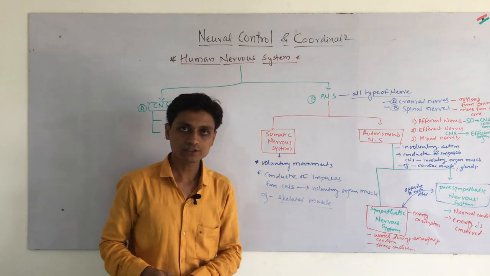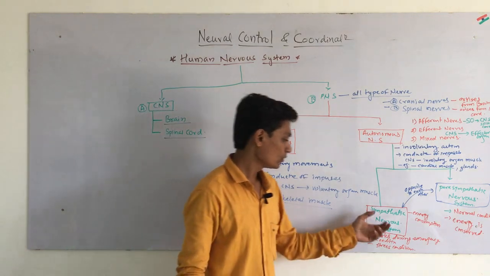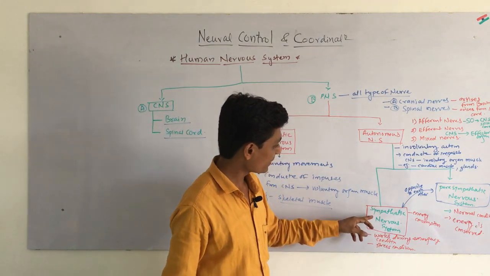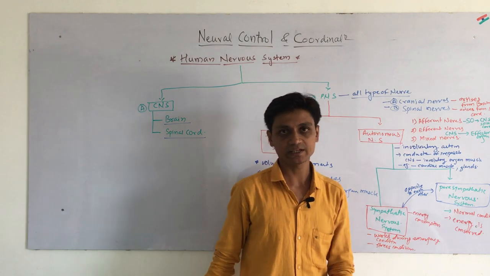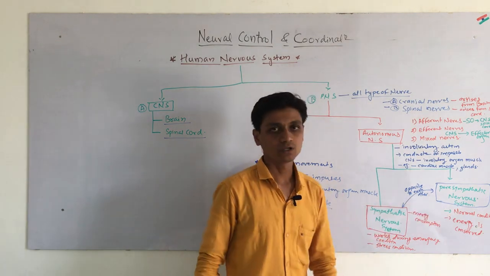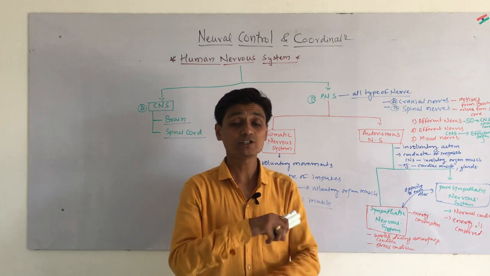This autonomous nervous system again has two subclasses, the sympathetic nervous system and the parasympathetic nervous system, and these two systems work opposite to each other.